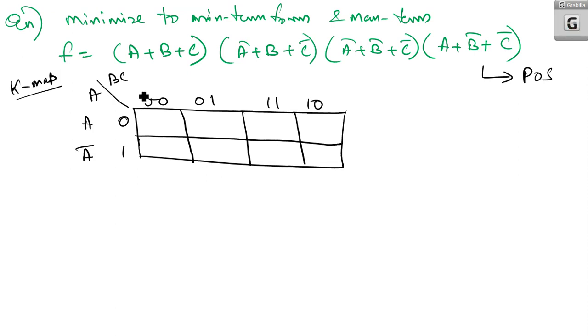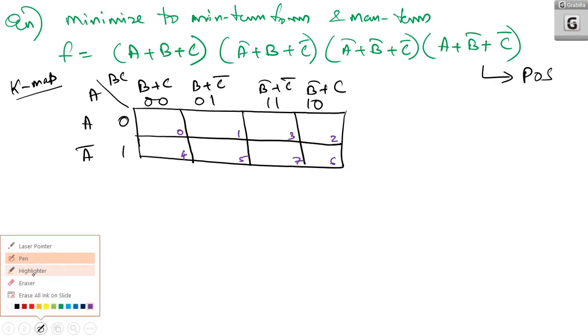This is B or C, B or C bar, B bar or C bar, B bar or C. Okay. So if you are writing the corresponding decimal equivalents, you will get it as 0, 1, 2, 3, 4, 5, 6 and 7.